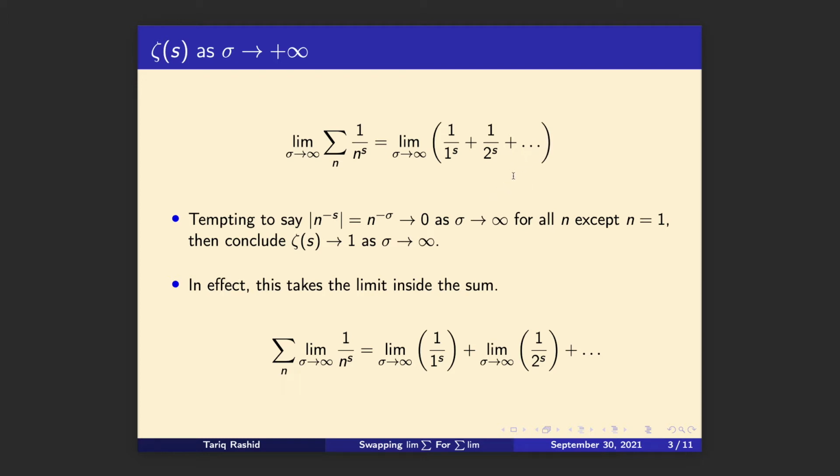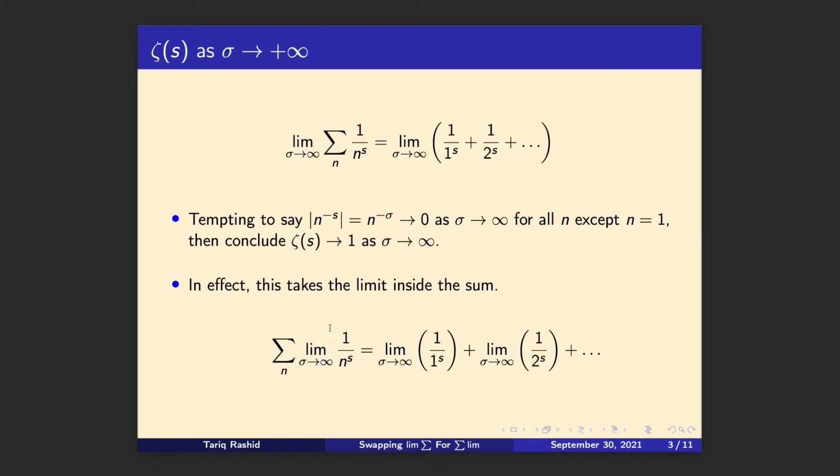But actually, we glossed over a little complexity. What we did was we said here the limit is outside the sum, quite correctly, because that's the real question: what happens to this quantity as we take the limit sigma to infinity? What we've done by doing this analysis is effectively take the limit inside the sum, by applying this limit to each term individually, and then doing the sum outside.